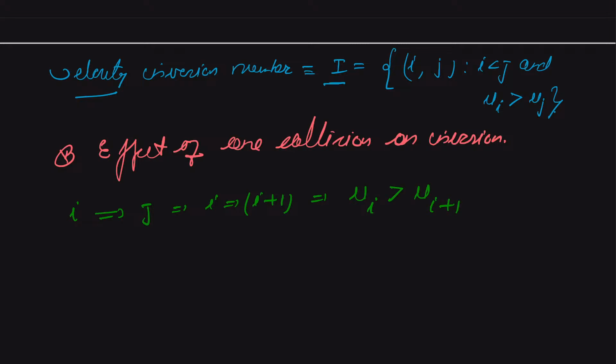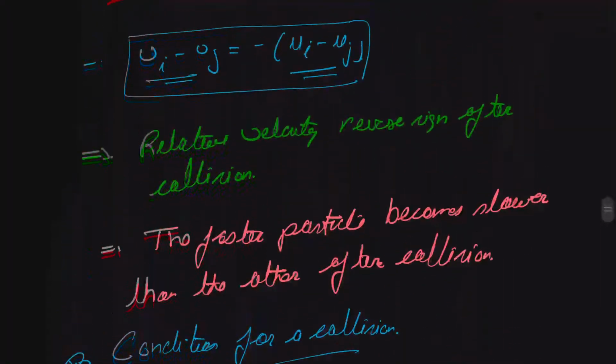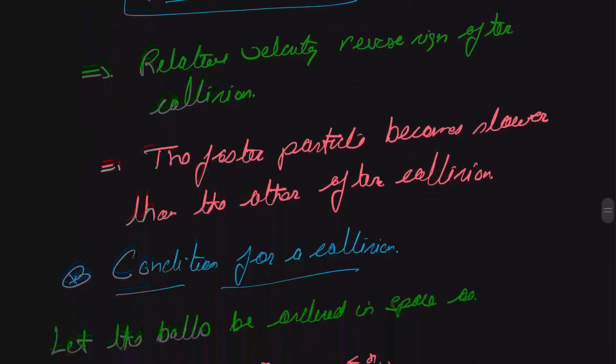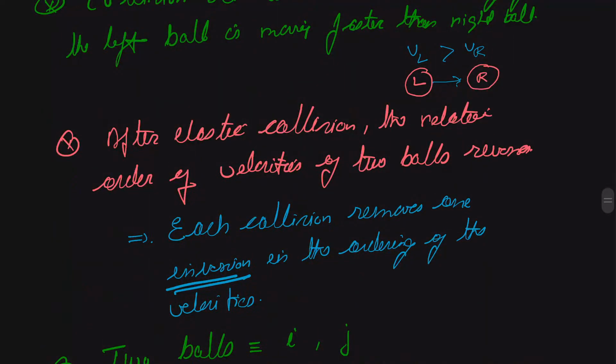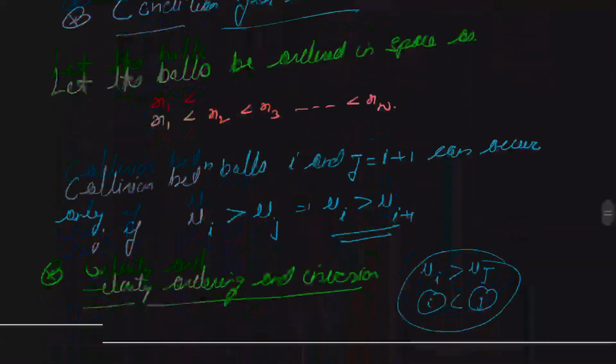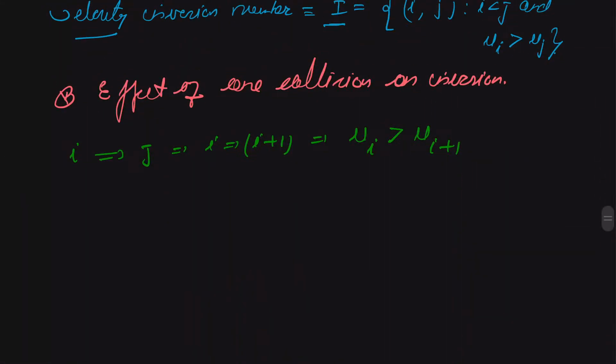And for this elastic collision, the velocities are going to interchange, the velocities of the two balls reverse. Therefore, after collision, we can write that v of I will be less than v of I plus 1. So one inversion is removed with one collision.